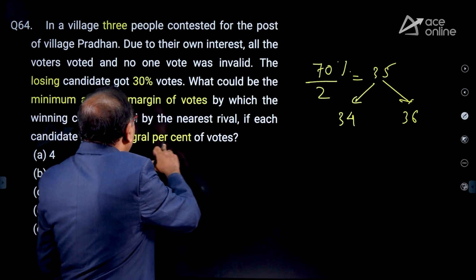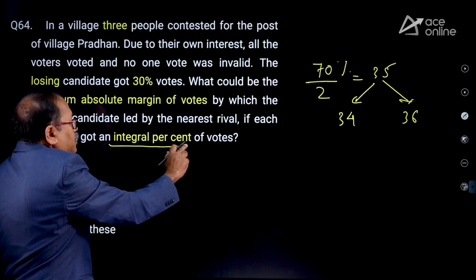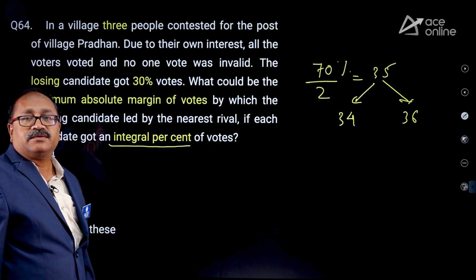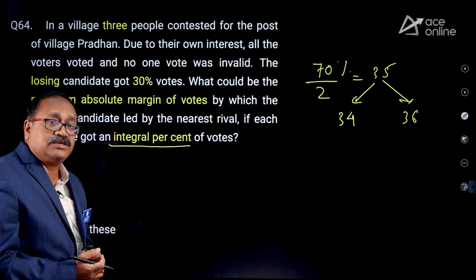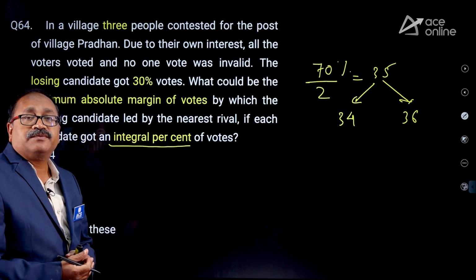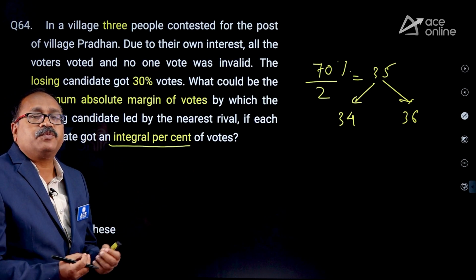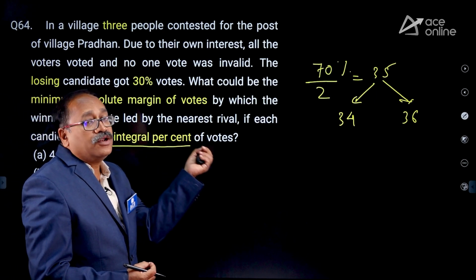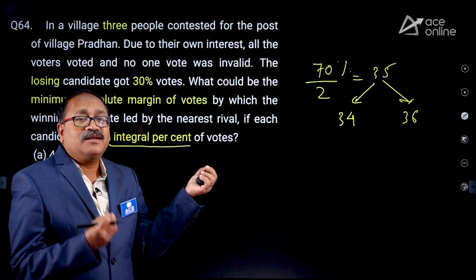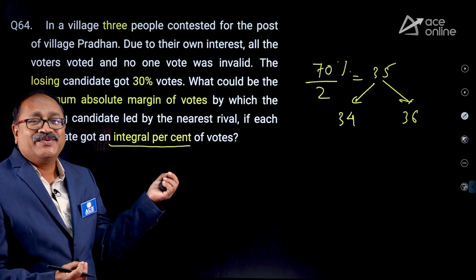As it is mentioned that the percentage are integral percentage. That's all. So what is the difference there in terms of percentage? 2% difference. So what could be the least possible value? If the total votes are 100, then the least difference will be 2.